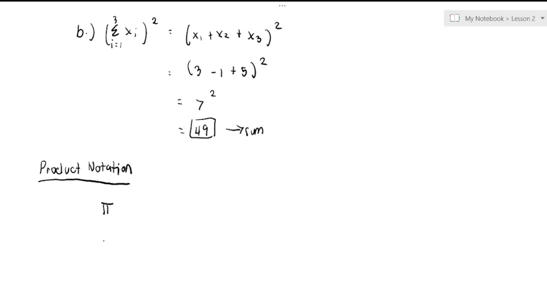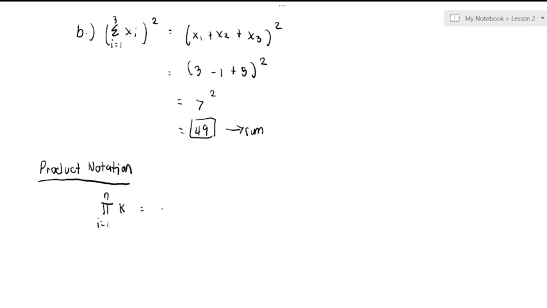Okay, so the product of k, let's say k, where i is equal to 1 to n.